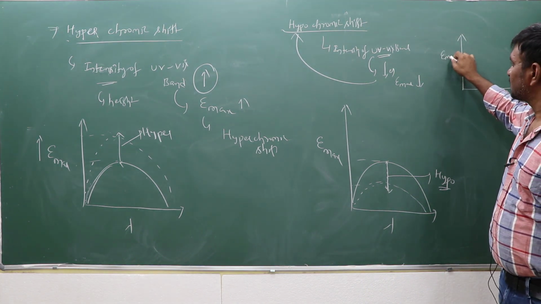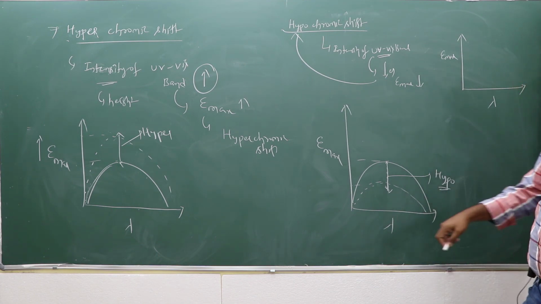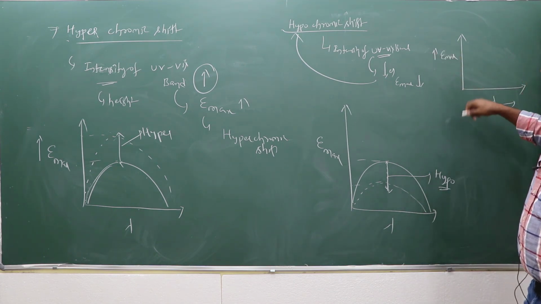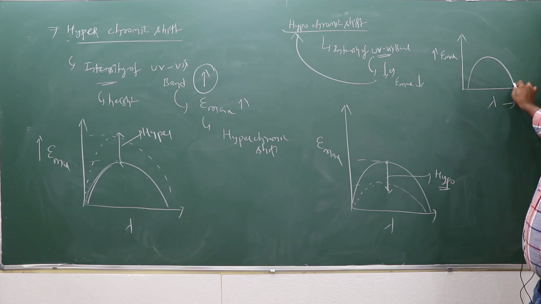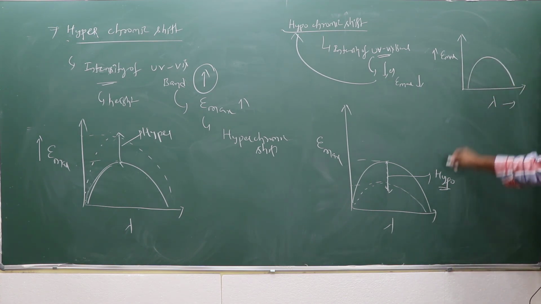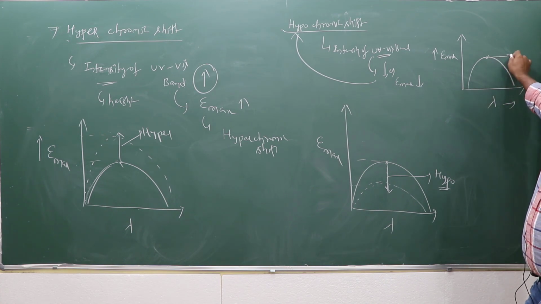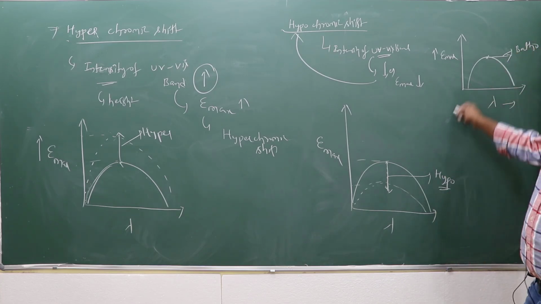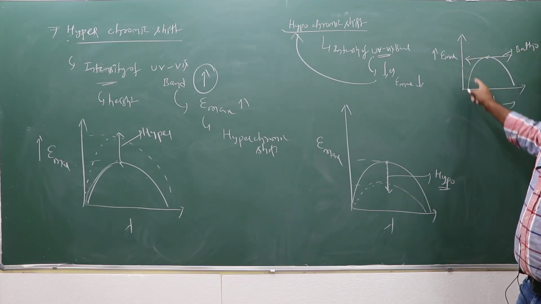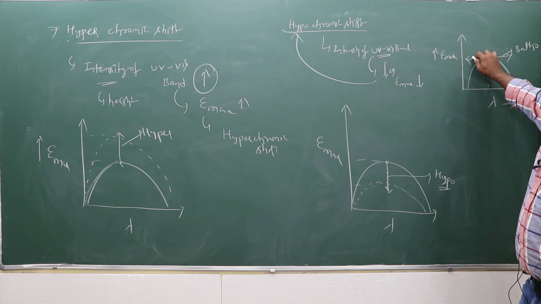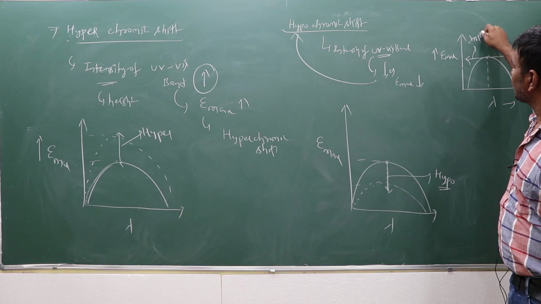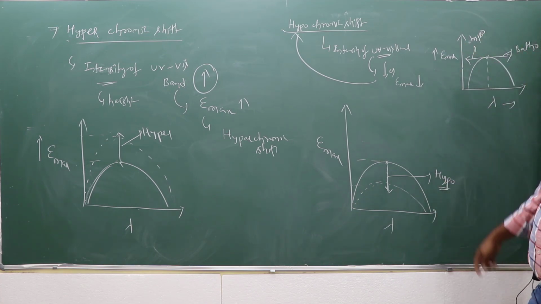With lambda and epsilon maximum or log10 epsilon maximum against wavelength: if the band's lambda maximum shifts towards the right side, that shift is the bathochromic shift. If it shifts towards the left side, or lower wavelength side, it is called the hypsochromic shift.